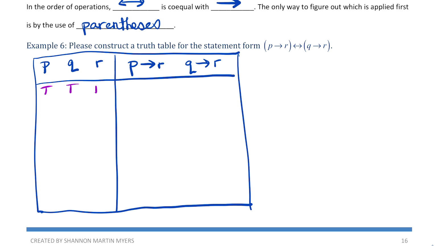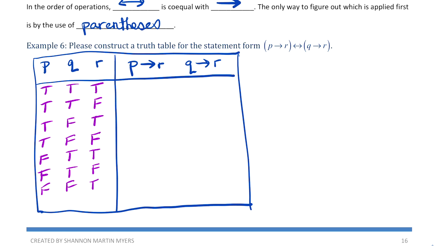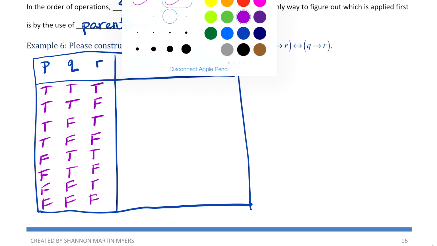So we have our true, true, true, true, true, false, true, false, true, and then true, false, false, and then false, true, true, false, true, false, false, false, true, and false, false, false. 1, 2, 3, 4, 5, 6, 7, 8. Perfect.